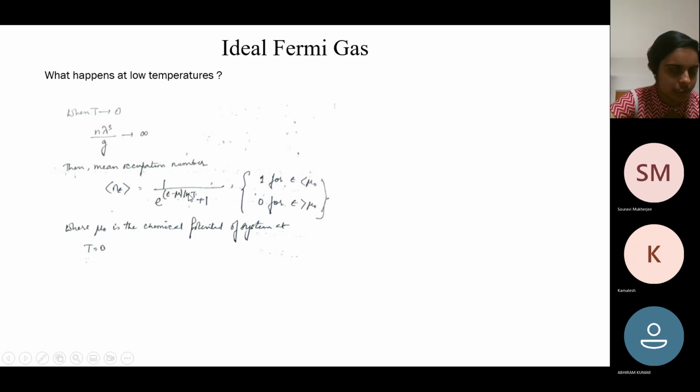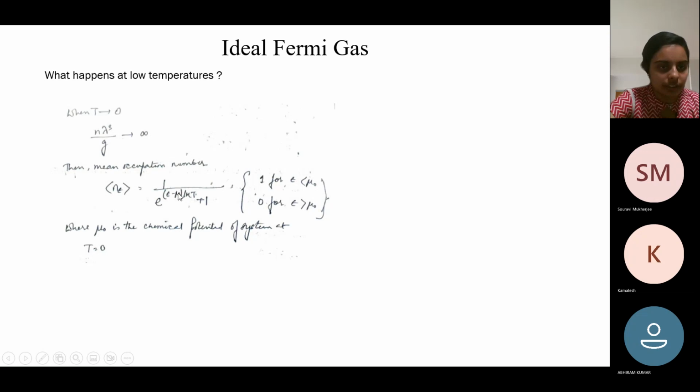In that case this term would go to 0, and what you then get is that n_epsilon, the mean occupation number, is 1. While when epsilon is greater than mu naught, this term would go to infinity, so the entire term goes as 1 by infinity, and n_epsilon goes to 0, right?